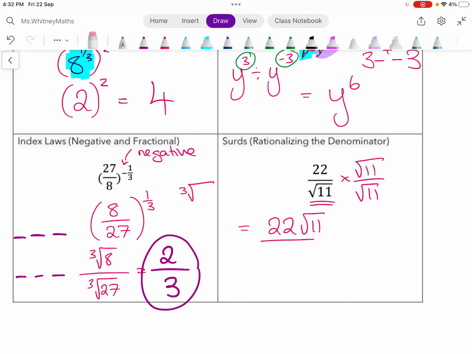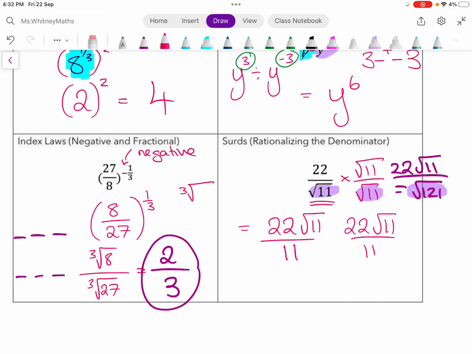So I'm going to write this in a clearer way, over 11, because root 11 times root 11 is equal to root 121 on the bottom, but this one always simplifies. So we're going to have 22 root 11 over 11.